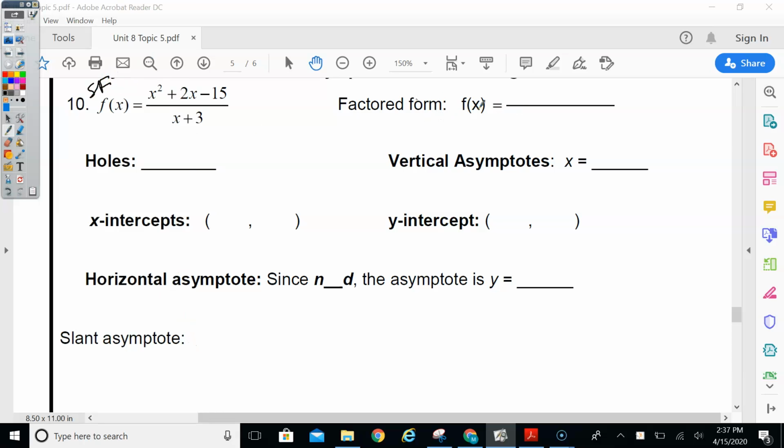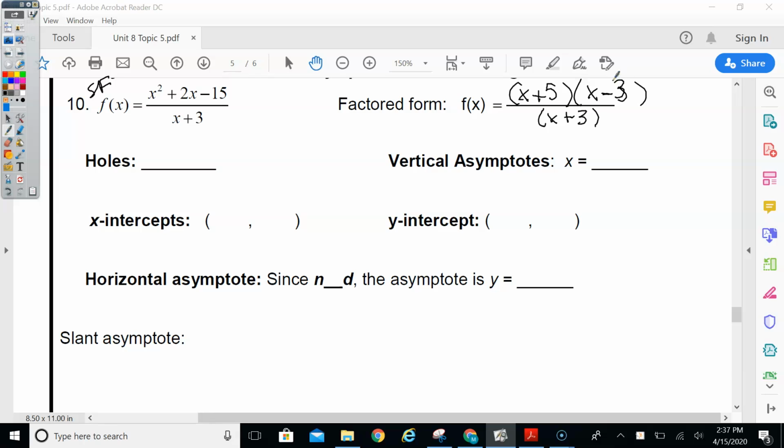We need to come over here and do factored form. The numerator is going to factor into x plus 5 and x minus 3, since to get negative 15, I need a positive and a negative, and the bigger one's positive. And the denominator stays x plus 3 because that's already linear.